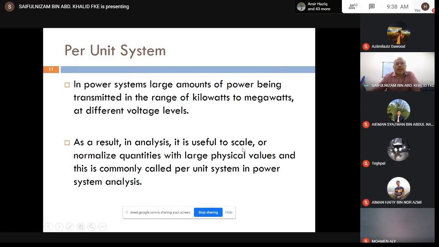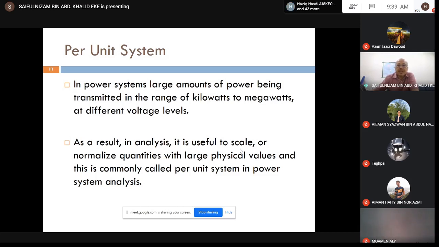Okay, in power system, a large amount of power is transmitted, in the range of kilowatts to megawatts, at different voltage levels. So we know that the quantities involved in the power system are kilovolt-amperes or megavolt-amperes, kilowatts, megawatts, the voltage, the current, and the impedance of the equivalent circuit of various system components.